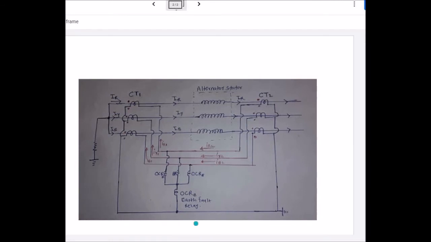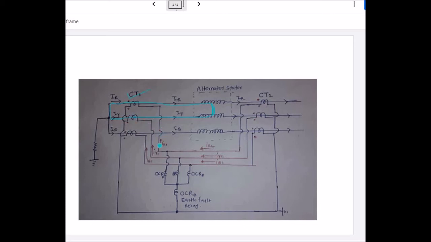But when an internal phase-to-phase fault occurs, for example between R phase winding and Y phase winding, the fault current will circulate between the R phase winding and Y phase winding. If you observe, this fault current flows only through the CT1 set, R phase and Y phase.